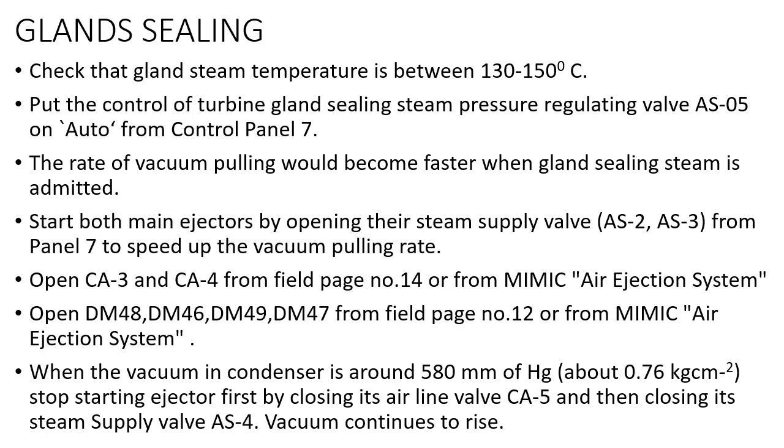Open CA3 and CA4 from field page number 14 or from the mimic air ejection system. Open the drain valves DM 48, 46, 49 and 47 from field page number 12. When the vacuum in the condenser is around 5 mm of Hg, stop the starting ejector by first closing the airline valve CA5 and then closing its steam supply valve AS4, and you will observe that the vacuum continues to rise.